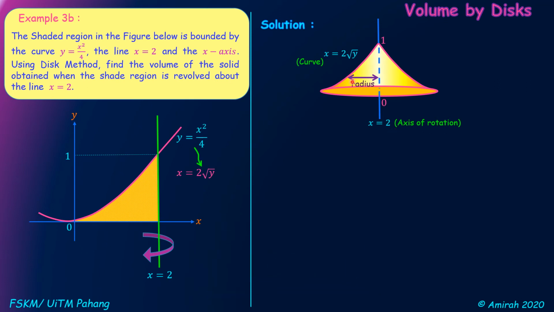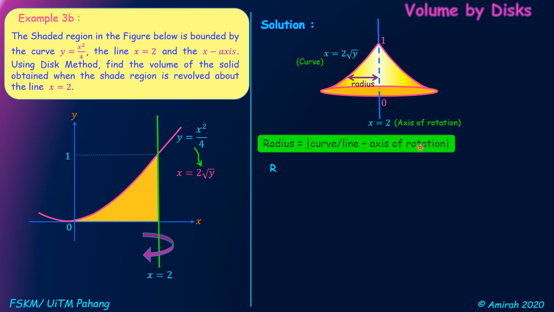Radius means the distance between the curve and the axis of rotation. Since the radius is a distance, we can write it in modulus. Radius equals modulus of curve minus axis of rotation.